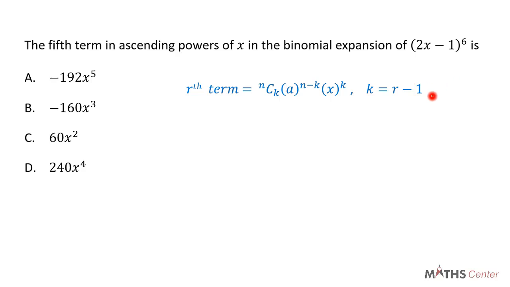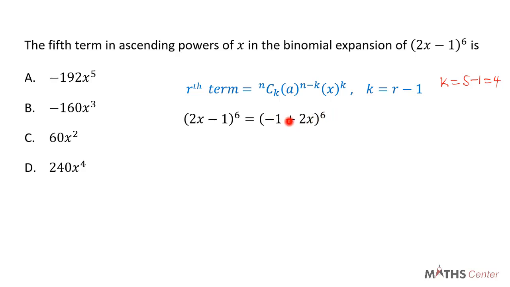So if r is 5, then k, which is r minus 1, will be 5 minus 1, which is 4. Because the question says that x should be in ascending powers, we will have to interchange the positions of 2x and negative 1. So 2x minus 1 exponent 6 will become negative 1 plus 2x exponent 6.